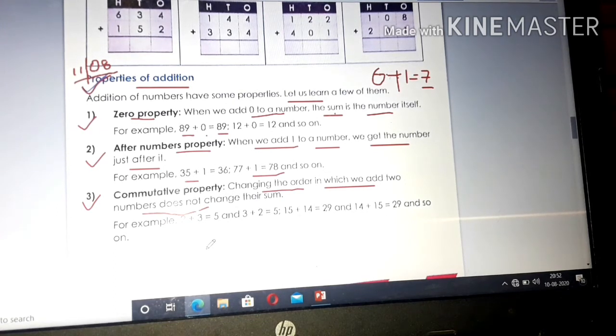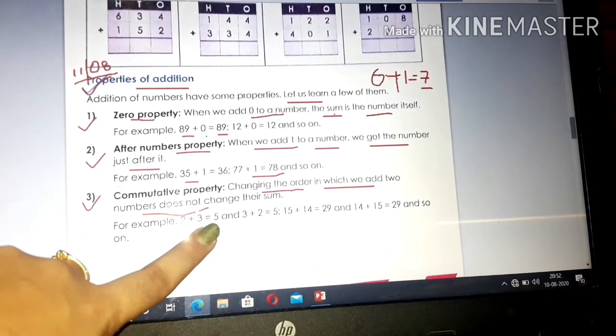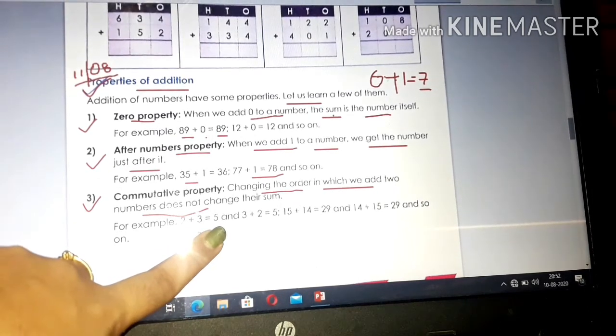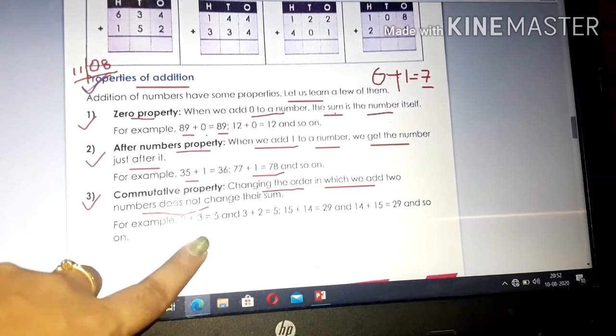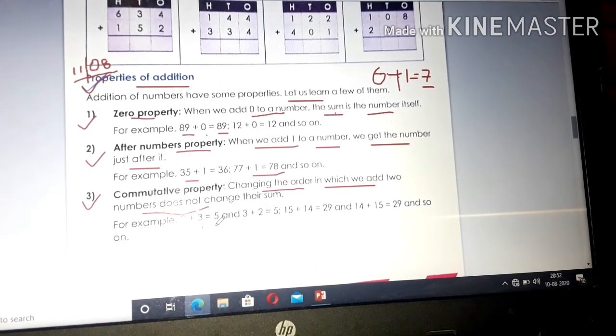Okay, so you can see here some examples. 2 plus 3 gives you 5. And if you just change and read 3 plus 2, even then you get 5. The sum is the same. 15 plus 4 is what? 19.